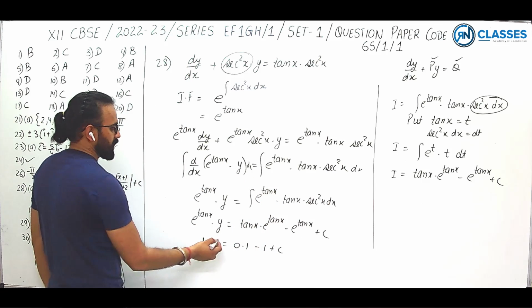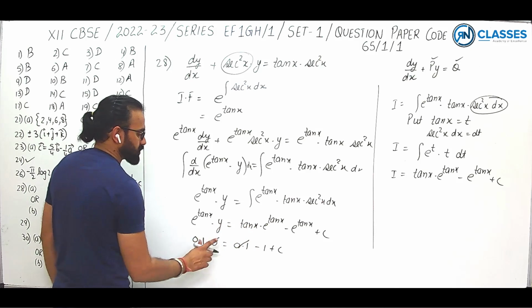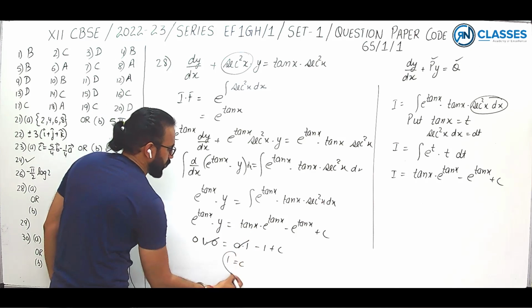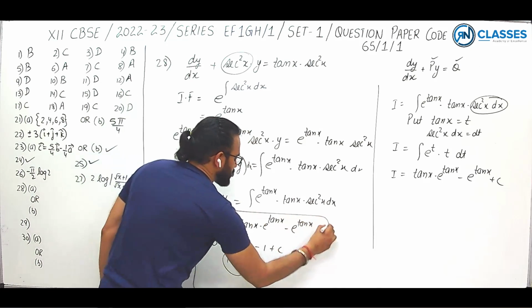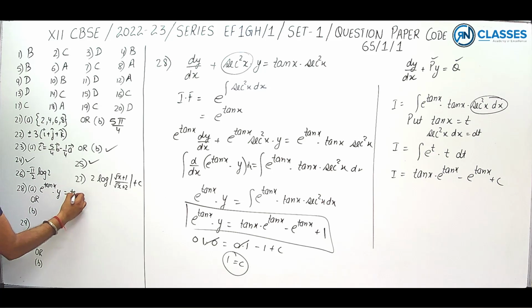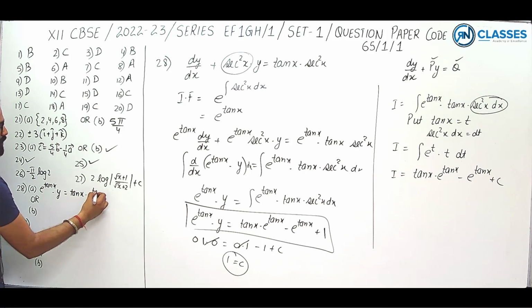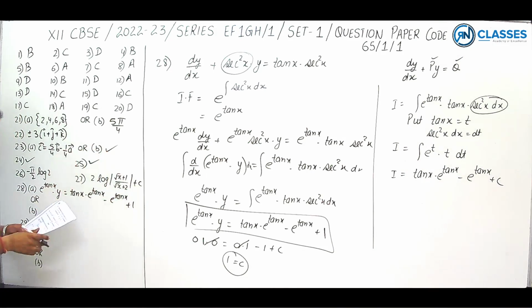Now if you notice, this part is 0 and this part is 0, so changing the side of minus 1, c turns out to be 1. So as I substitute the value of c as 1, this is the particular solution corresponding to the given differential equation, that is e power tan x into y equals tan x into e power tan x minus e power tan x plus 1.